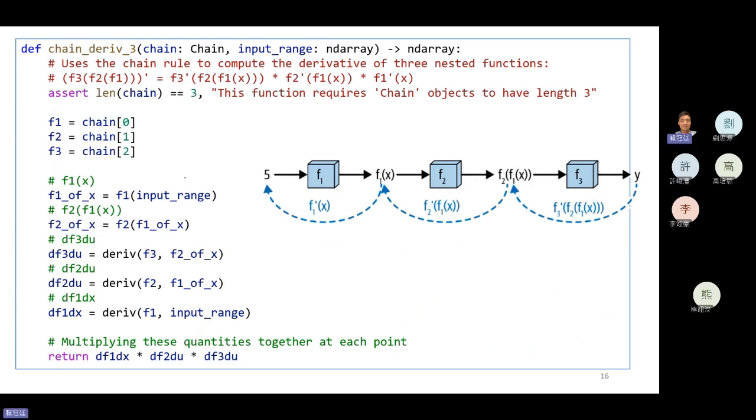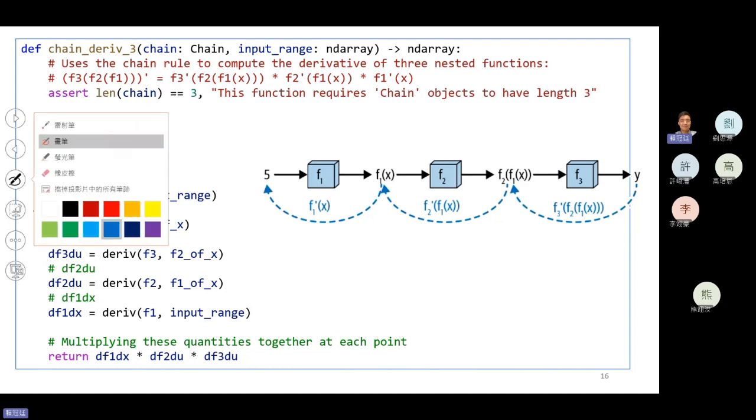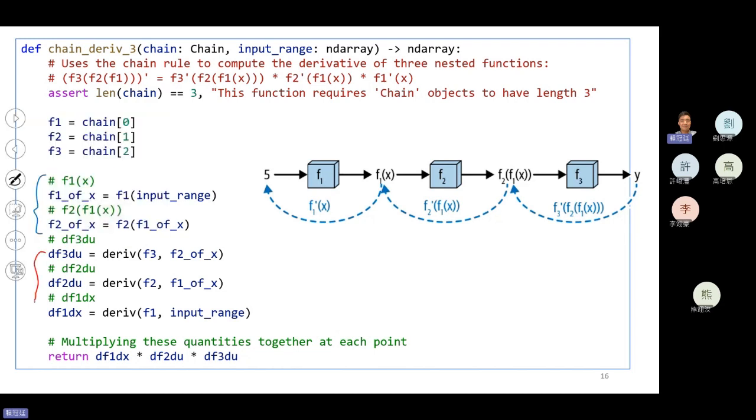So here are the functions. We first do the forward part, and then we calculate the backward part. We need to first calculate the output of the forward part, and then we calculate the backward derivative.